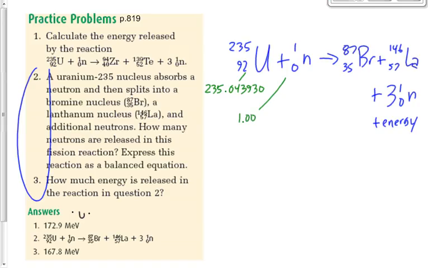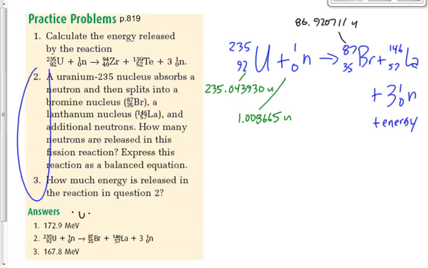Thank you. And what was the mass of a neutron? 1.008665. Thank you. Remember, those are all in atomic mass units. What about bromine? I'm going to say 86.920.